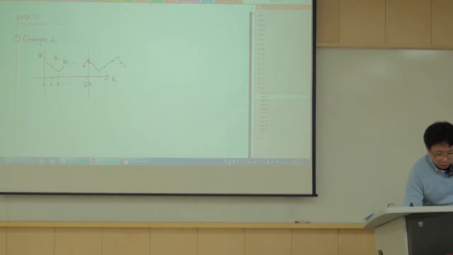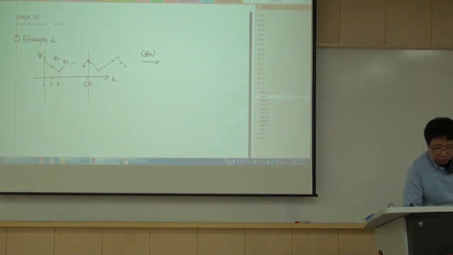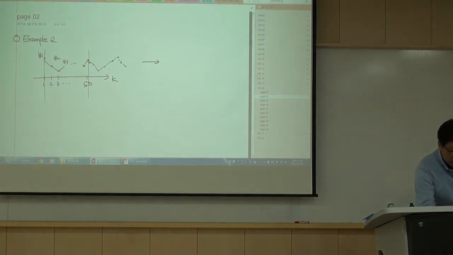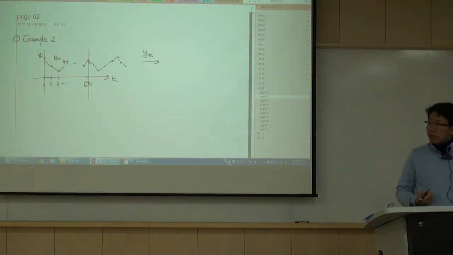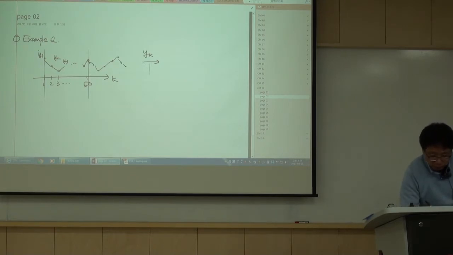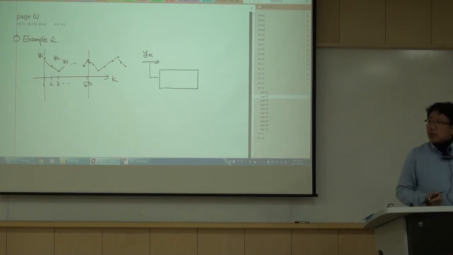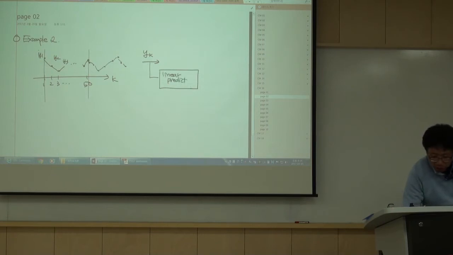So the story is like this. Here goes the sequence, let me say y_k sequence. And what you do is that here you design a linear predictor that uses p past values.